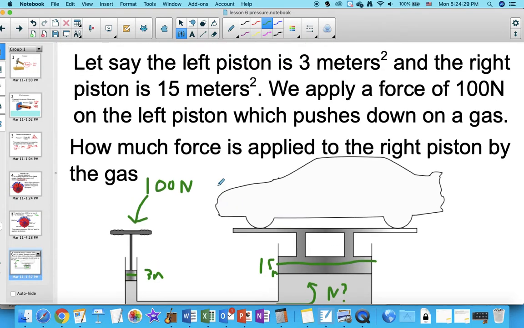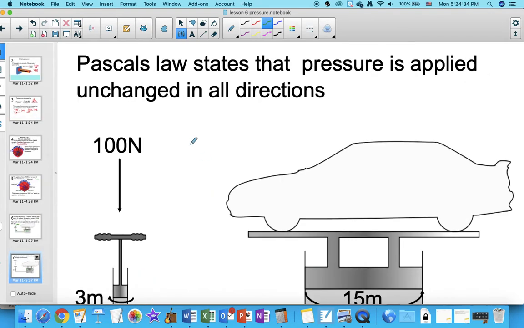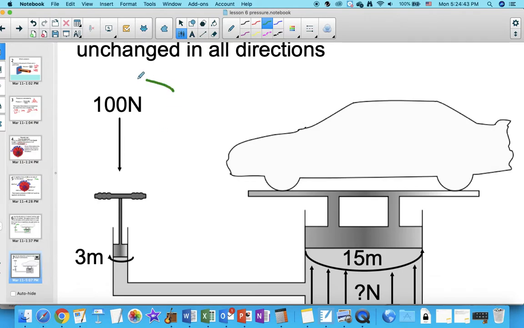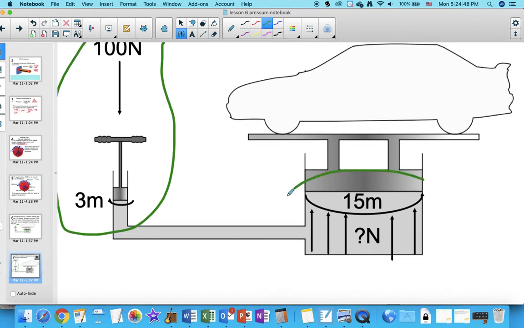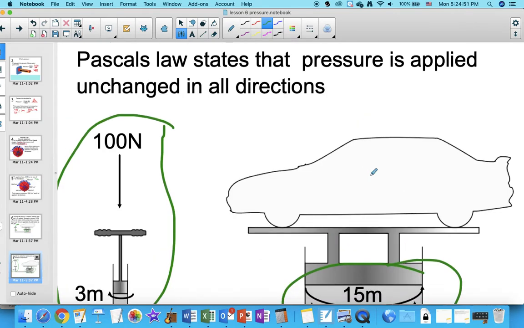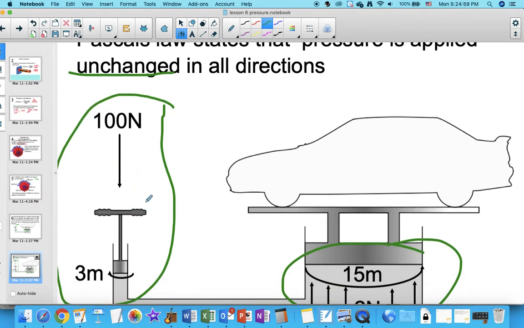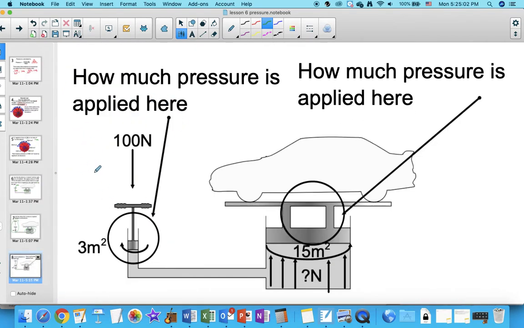Well, at first you might think, this is a very hard question. How can I find the amount of force? Well, remember, Pascal's law states that the pressure applied is unchanged in all directions. What that means is the pressure applied here, because we're applying pressure to a gas, is the same pressure here. The pressure is unchanged. So what's the pressure of this setup? Whatever the pressure is here must also equal the pressure here.